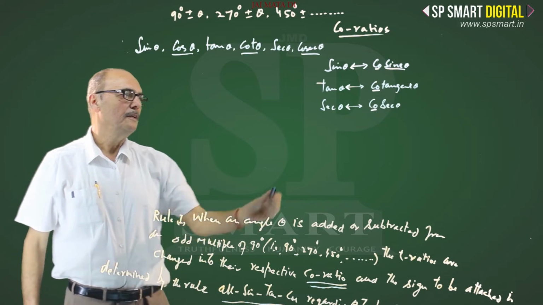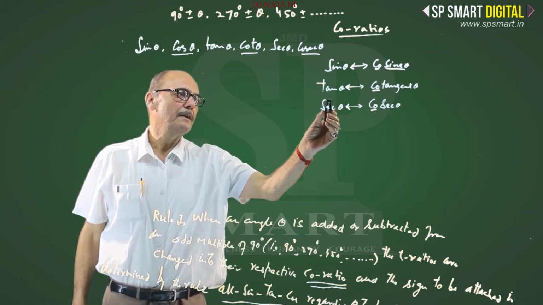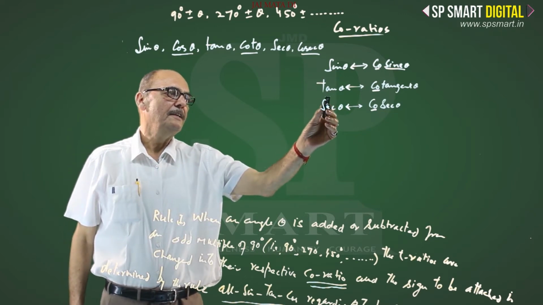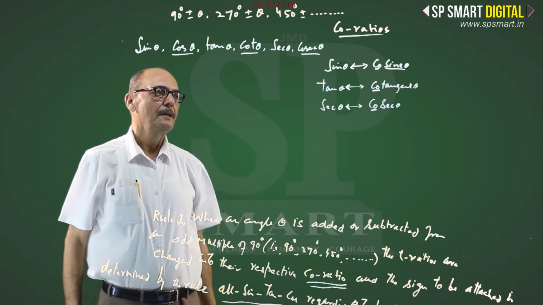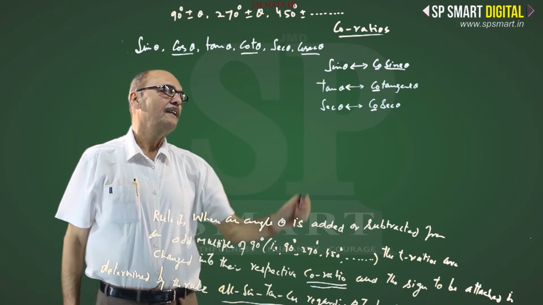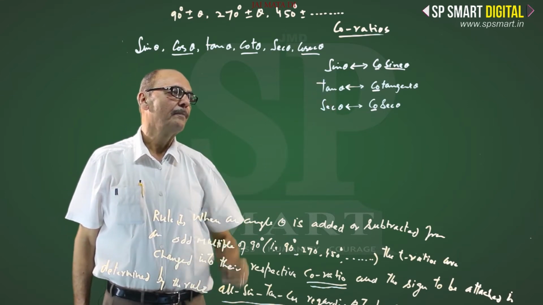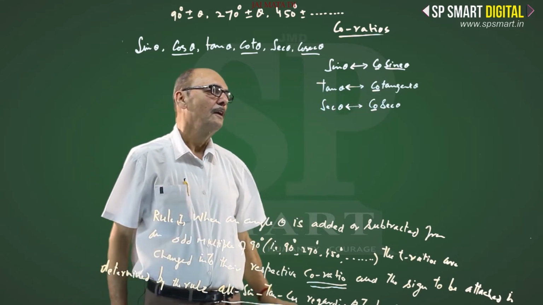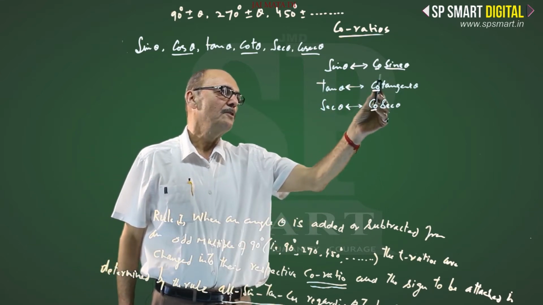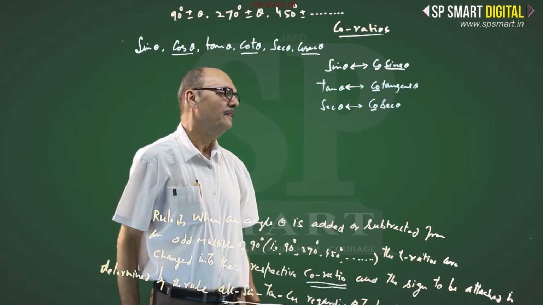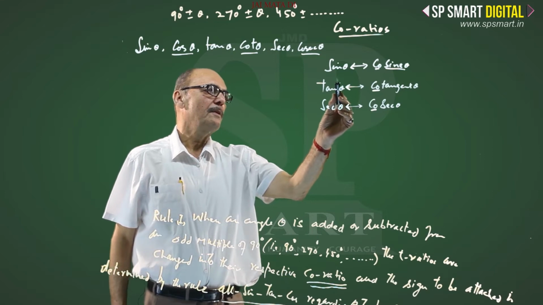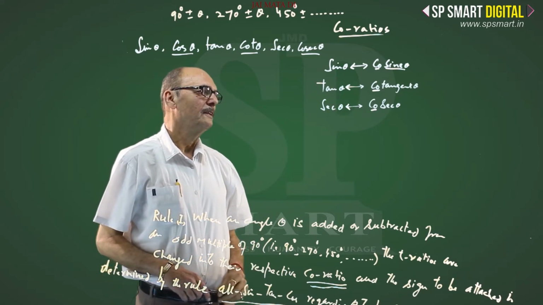Now, these are the 3 trigonometric ratios, namely sin theta, tan theta and secant theta. We start with the letter either S or T. If we attach CO with this, before sin we write cos, it becomes cosine theta. We say that the co-ratio of sin theta is cos theta.